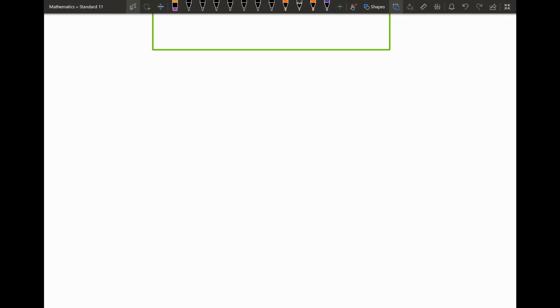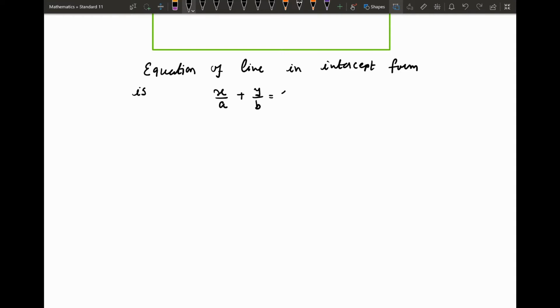So equation of line in intercept form is x by a plus y by b equal to 1.